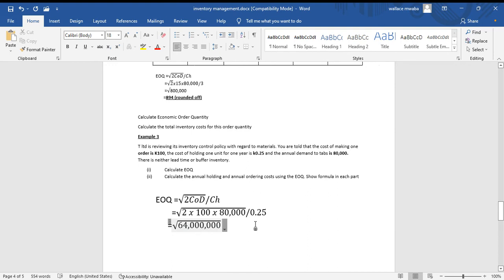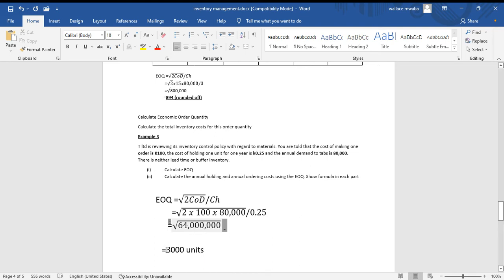Let me get the square root of 64 million. That's 8,000. So the economic order quantity is 8,000 units.